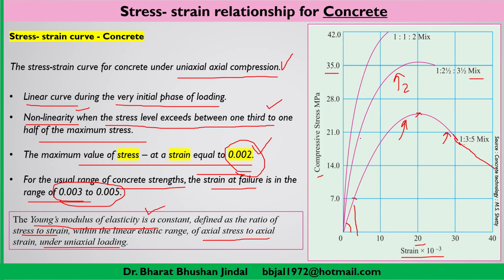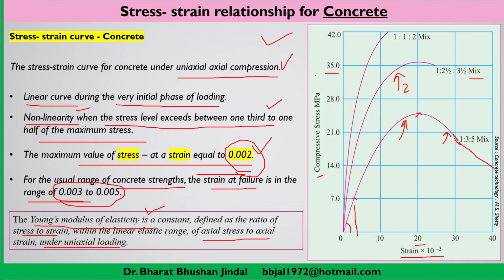There may be a little bit of change in the Young modulus of elasticity, which directly depends upon the type of loading and the duration of the loading. This particular type of graph is available when you are crushing a concrete cube in a CTM, that means compression testing machine.